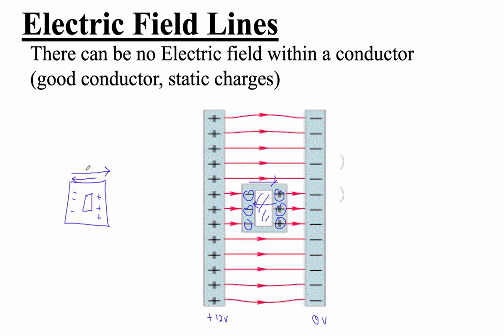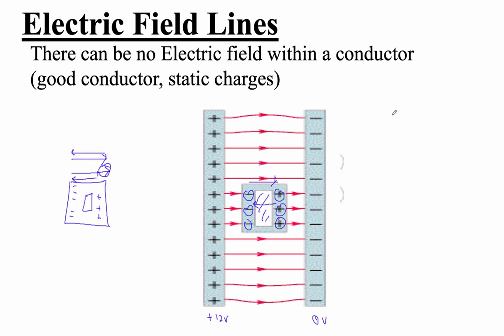Well, if there still is this residual bit of the external field, then more electrons are going to run over here. When are they going to stop? They're going to stop when the external field is exactly the same size as the field generated by the induced charge on this little guy here, this thing that's in the middle. So charge will move in order for there to be zero electric field inside the conductor.